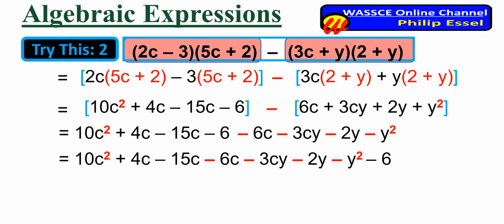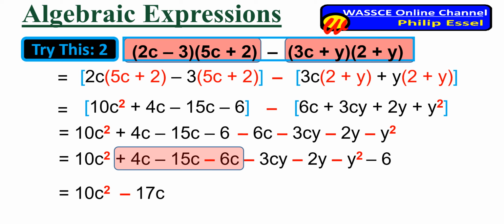The like terms in this expression are positive 4c, minus 15c, then minus 6c. Positive 4c minus 15c minus 6c would give us minus 17c.